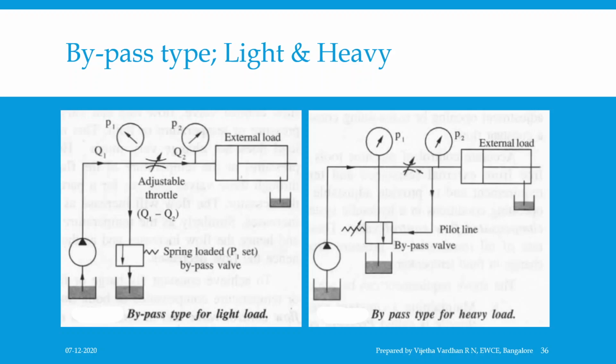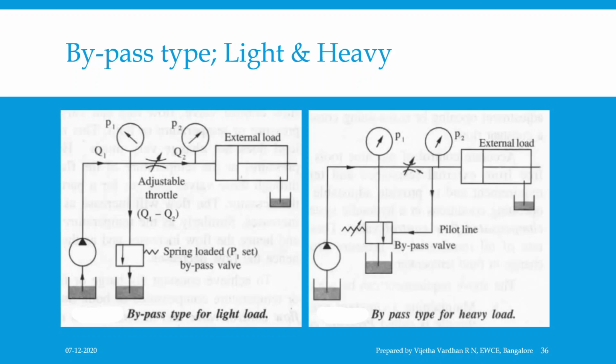However, if a pilot line is connected between the outlet of the adjustable throttle and the bypass valve, then the cylinder load is added to the spring force and holds the bypass valve closed. As long as the pressure difference across the throttle is less than P1, the bypass valve remains closed, irrespective of the external load increase.